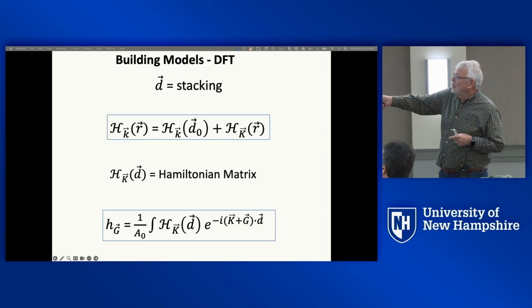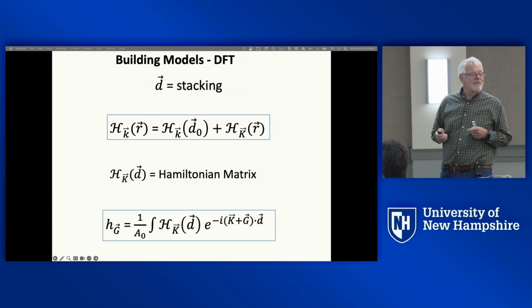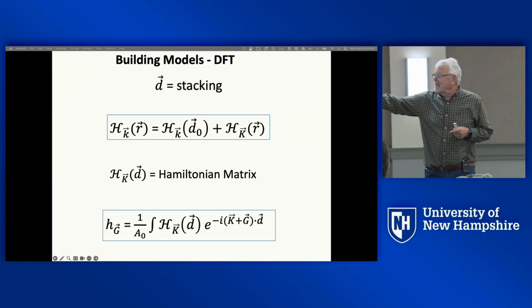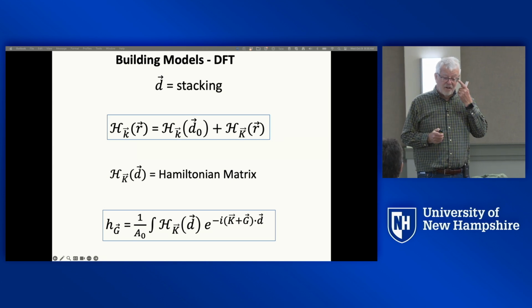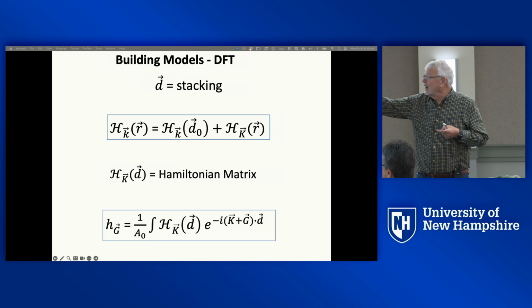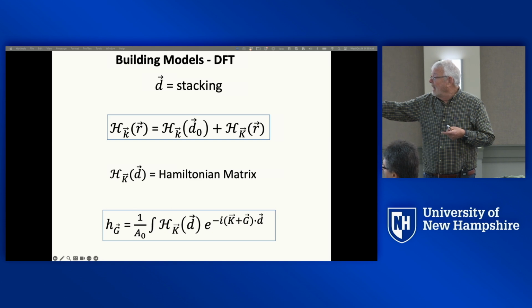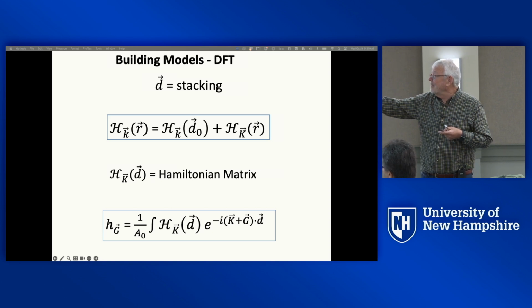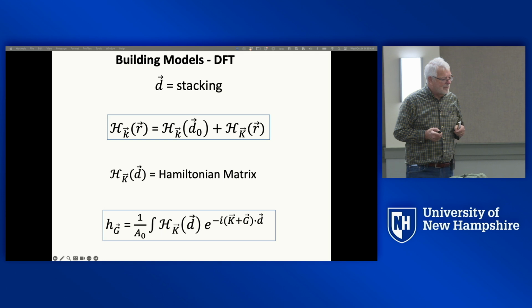So you can also build a model in much the same way by simply calculating microscopically, using tools of electronic structure, density functional theory, to calculate the full Hamiltonian projected onto a particular 2D momentum as a function of stacking, and turning stacking into a function of position, as I described.